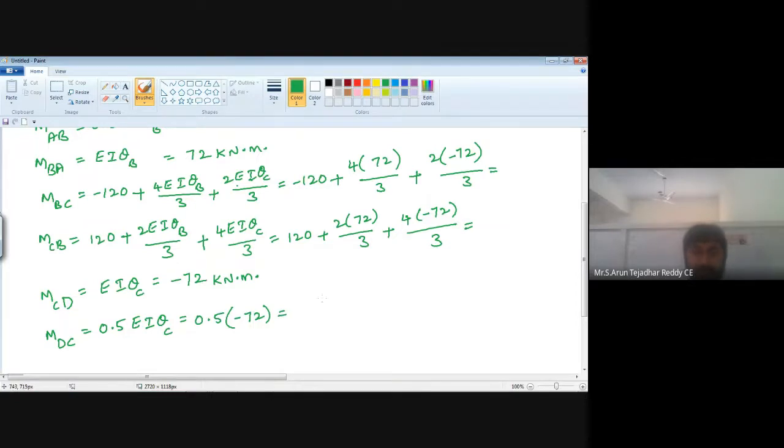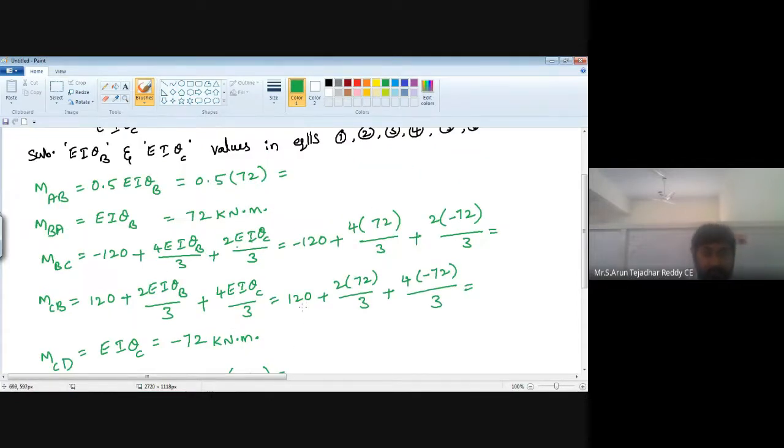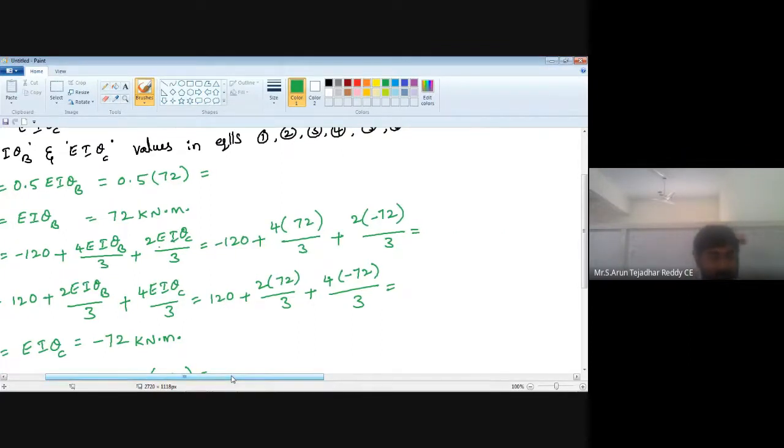Now tell me the values fast. What is the MAB value here? How much? 36. Yes, 36 kilonewton meter.